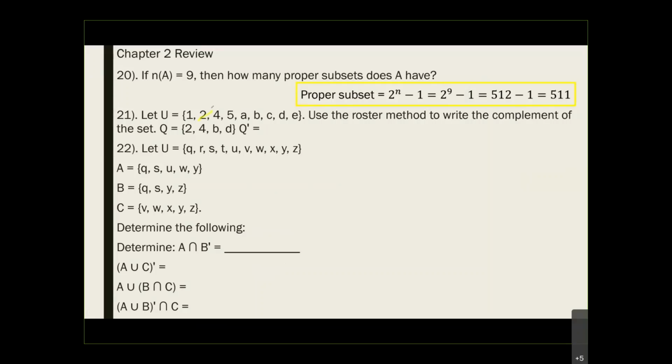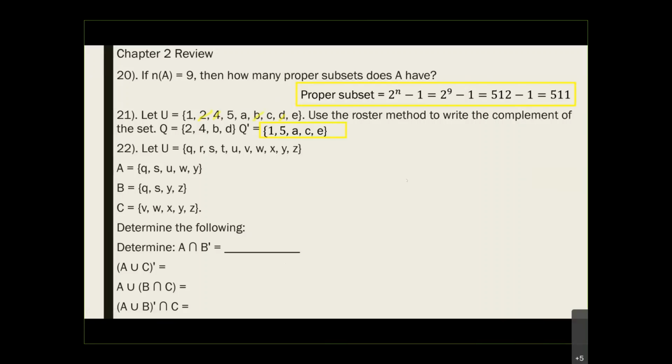Whatever is in Q, I throw out this item here, this item here, this item here. Whatever is left from the universal set is in my Q complement, which is the items inside the universal set but outside of Q. So this is what we do: we ask ourselves what items we have, and then we just cross them out as we go.